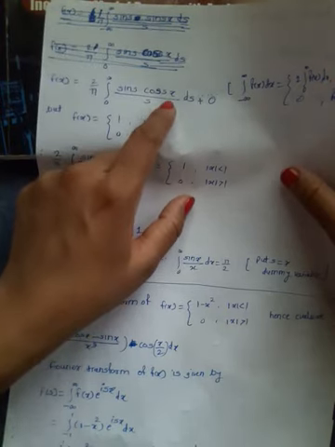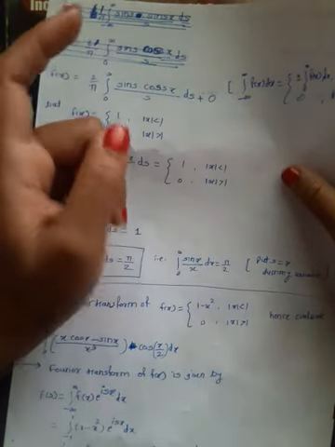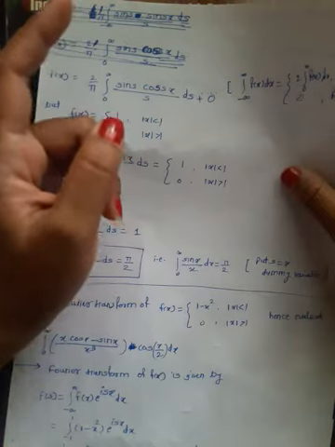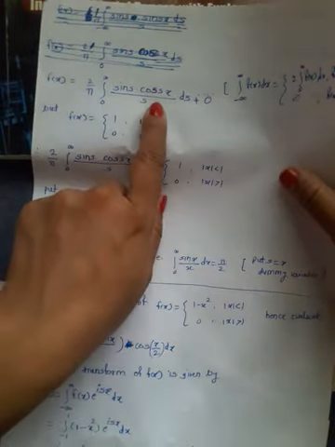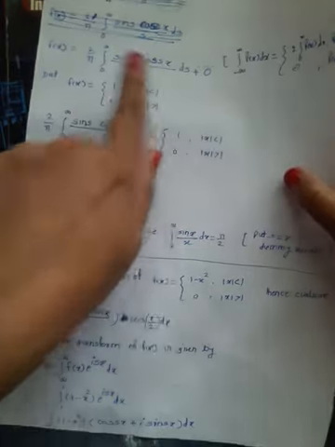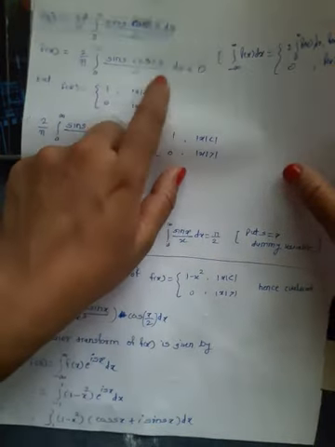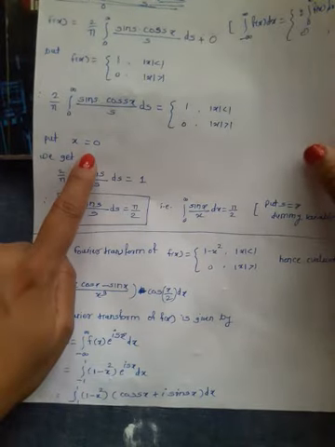We know for what value of angle the cos is 1, that is 0, right? Cos 0 is 1 only, right? That's why put x equal to 0 in this function. What do we get?